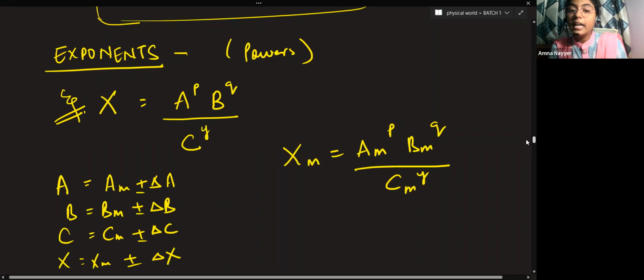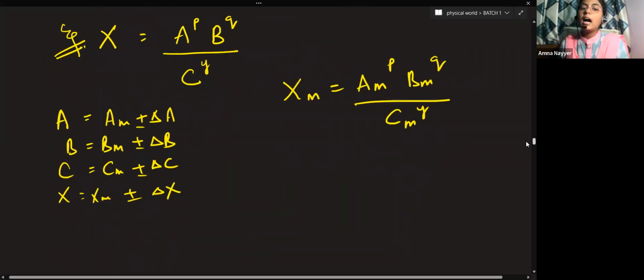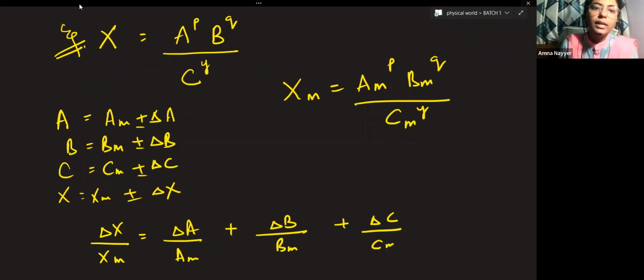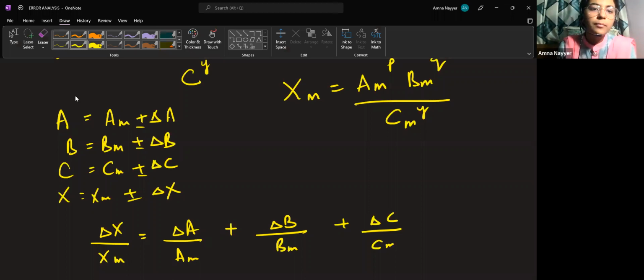Now see, delta x. How were we calculating delta x till now? Delta x by xm equals delta a by am, plus delta b by bm, plus delta c by cm. First tell me, Miriam, were we calculating in this manner?